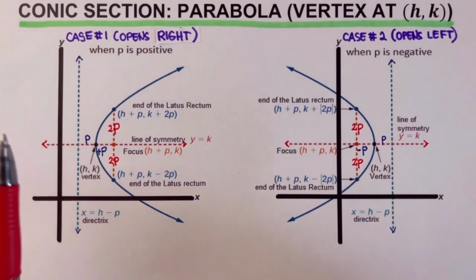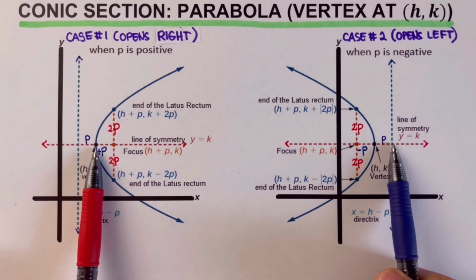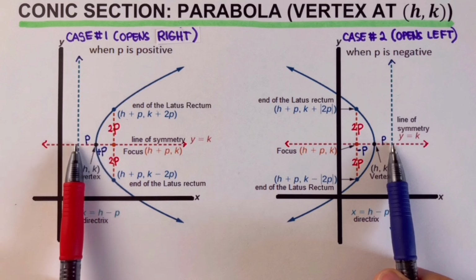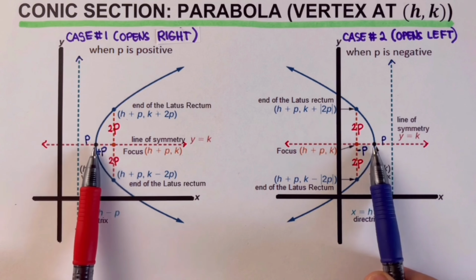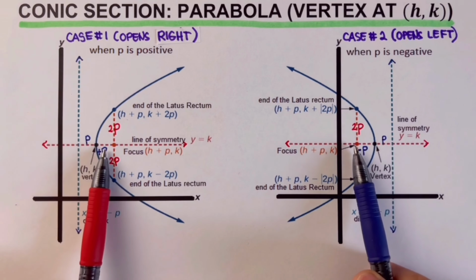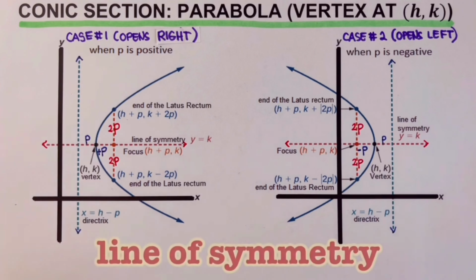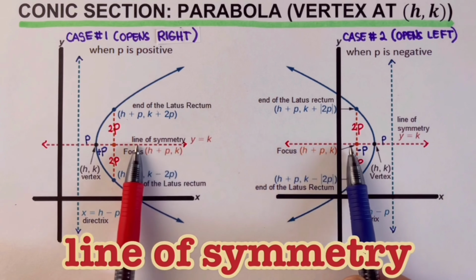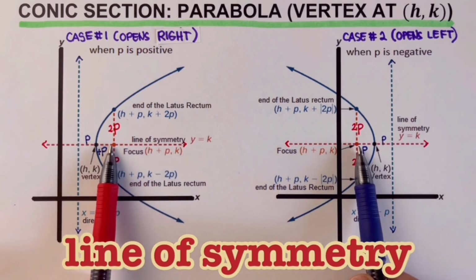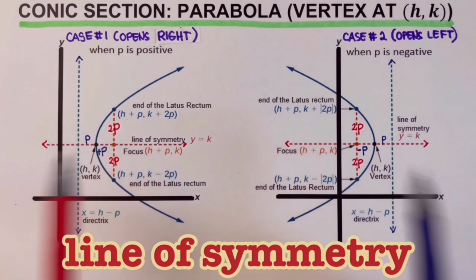This tells us that the vertex is actually in the middle between the point where the directrix passes through and the focus. So the vertex is in the middle of these 2 points. Another part of the parabola is the line of symmetry. The line of symmetry will always pass through the focus and the vertex. So this is our line of symmetry.